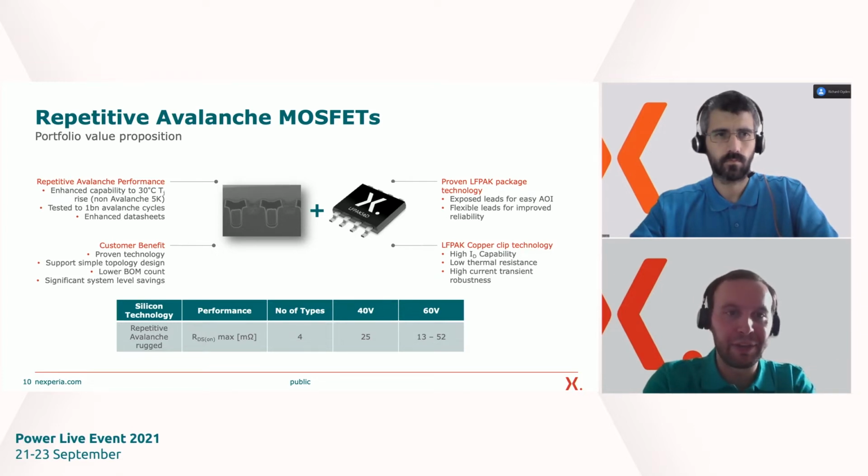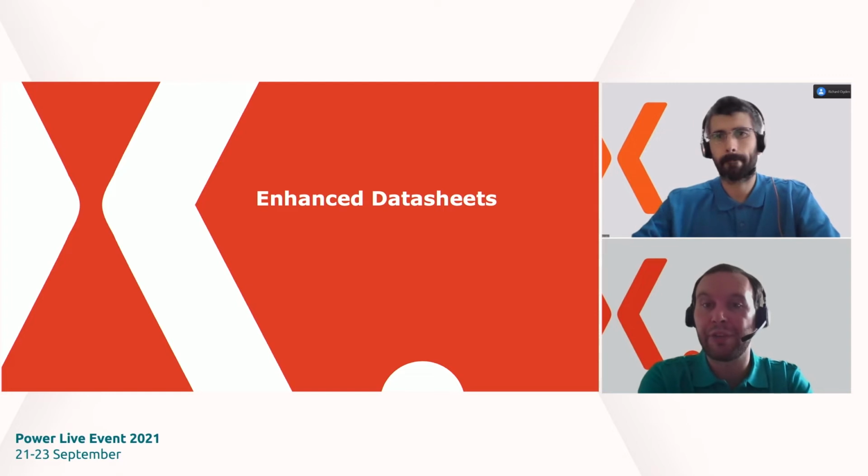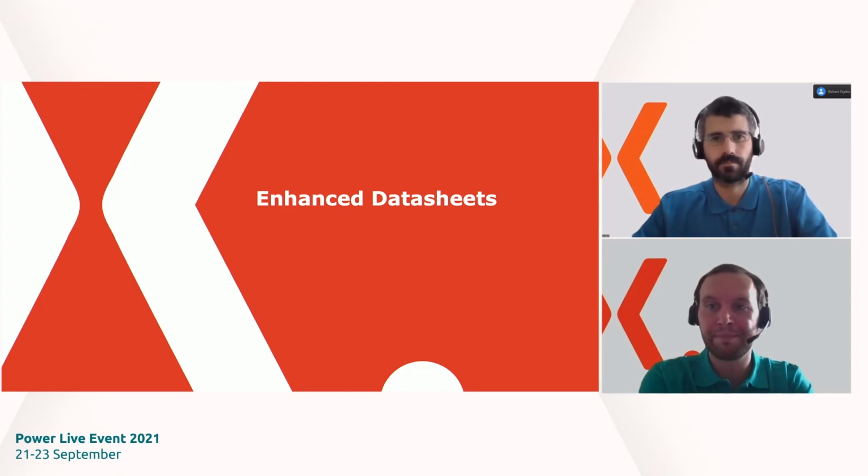And the main benefits that it brings, we would say, the automotive customer base, it's proven technology, very simple products to use, lower BOM count, and again, that significant system level saving that we've touched upon. So now I'll hand over to Nando, who will talk us through the enhanced data sheets and some worked examples.